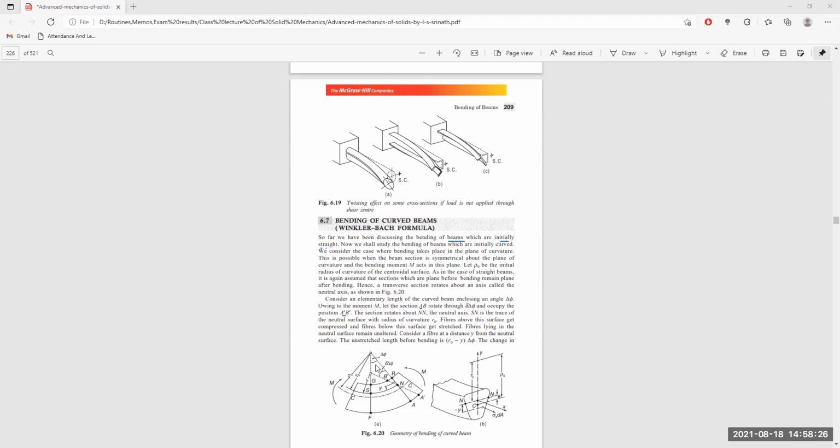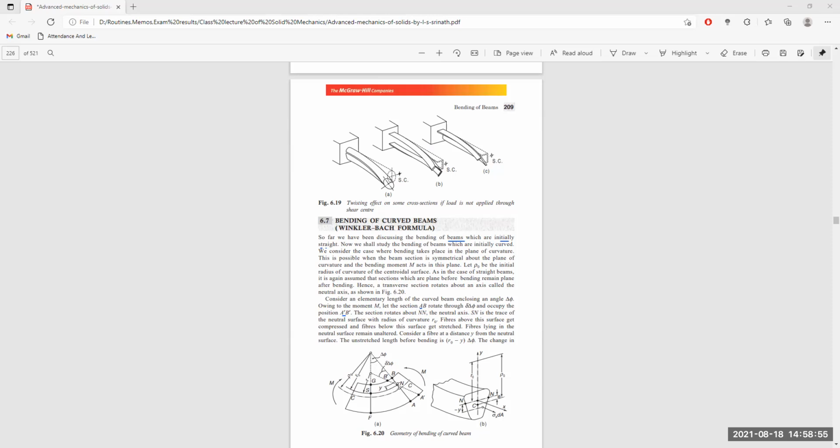Owing to the bending moment M, let the section AB rotate through delta phi. Due to the bending moment, it rotates by delta phi and occupies this position, given as B dash and A dash.